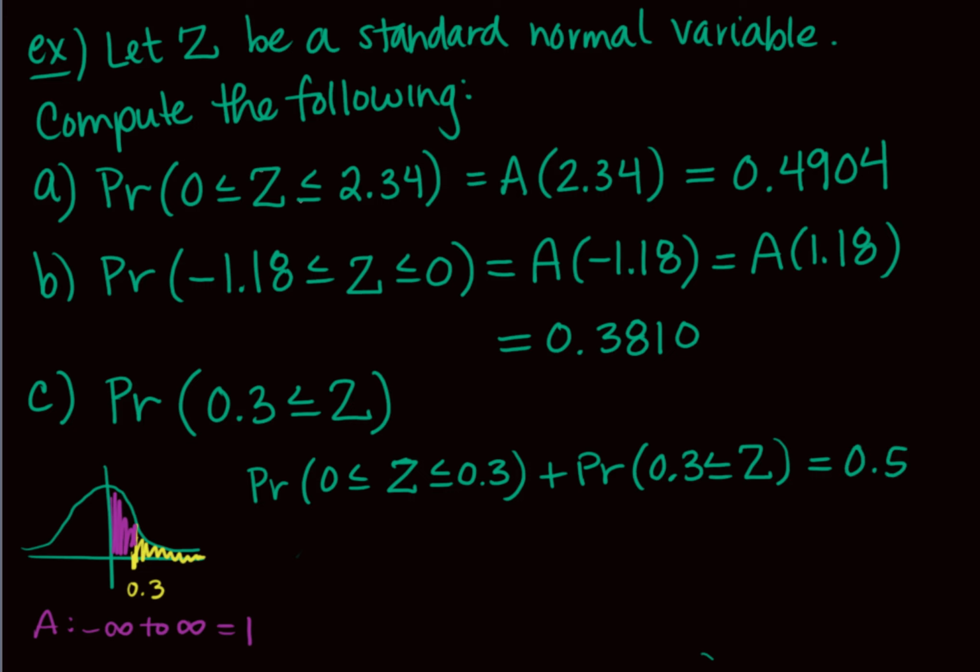Because I know that the entire thing is 1, but if I'm only looking at this side of the curve, then that purple plus the yellow must equal half of that.